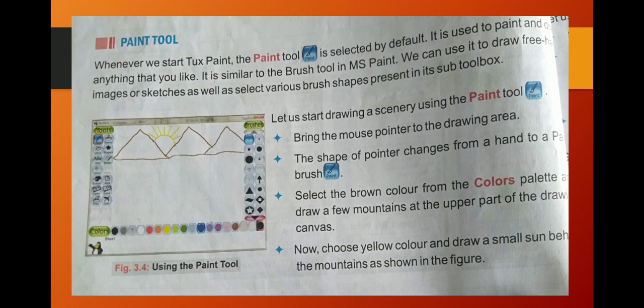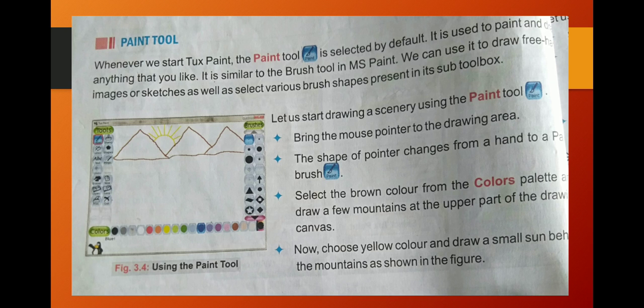Now choose yellow color and draw a small sun behind the mountain as shown in the figure. After that, you have to select yellow color and draw the sun behind the mountain.